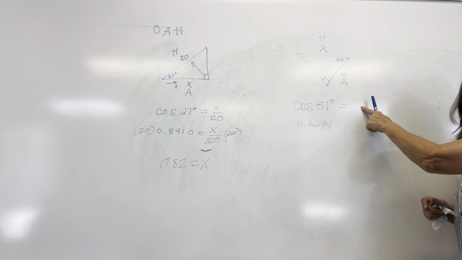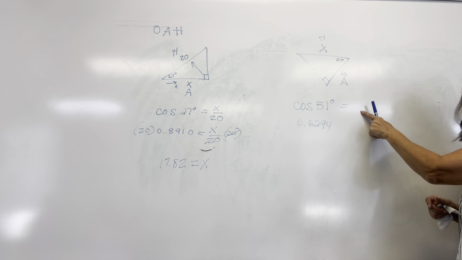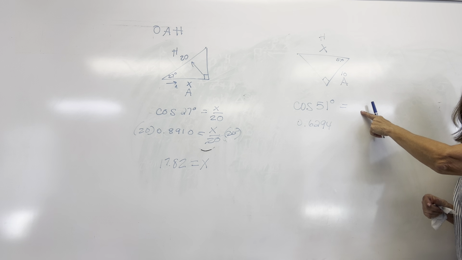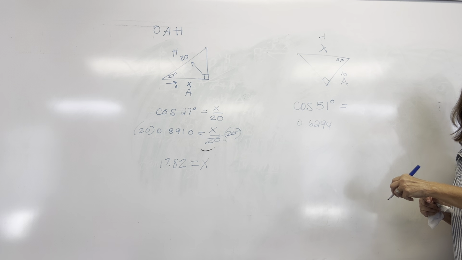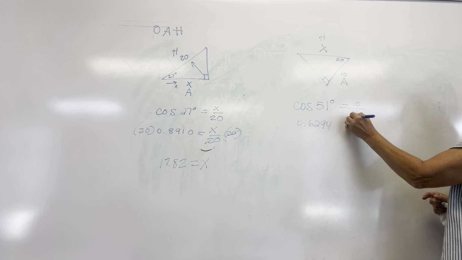But what am I going to write on this side of the equal sign? Equals what over what? A over H.